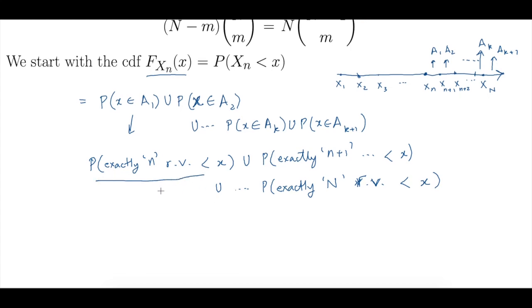So what does this mean? Exactly n of them are less than x. So we have n random variables and we have some number, and we are checking where n of them are less than this.